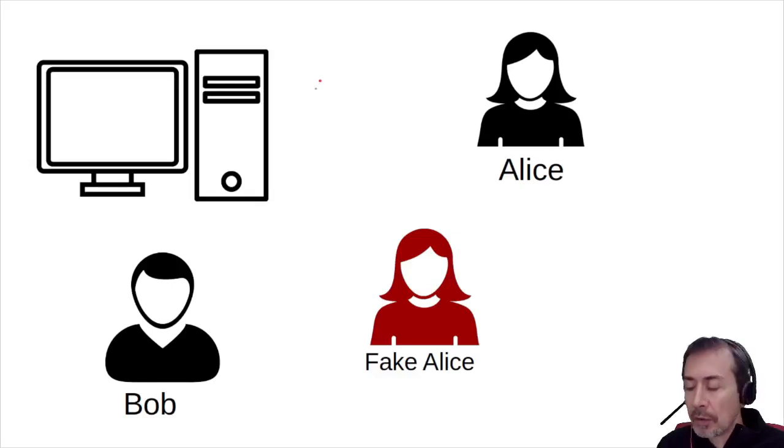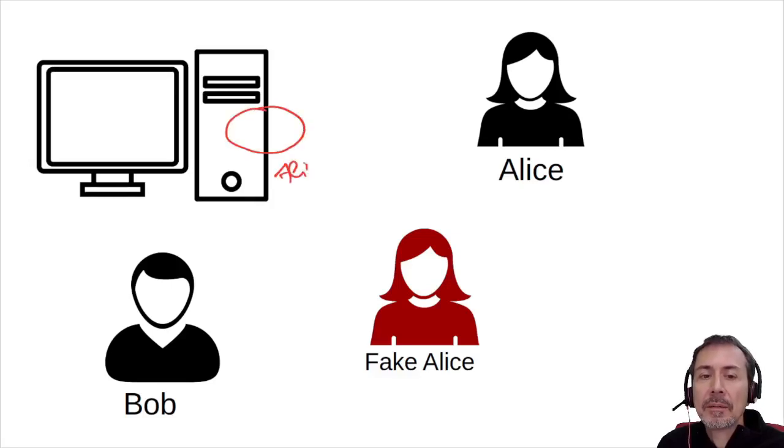In any case, for protecting a resource, we need to do two things. The first thing is to be sure that the user who wants to access the resource is who he or she is telling us she is. So for example, imagine we have a resource here that belongs to Alice. The first thing that we must do is to be sure that the user trying to access is really Alice. That process is called authentication.